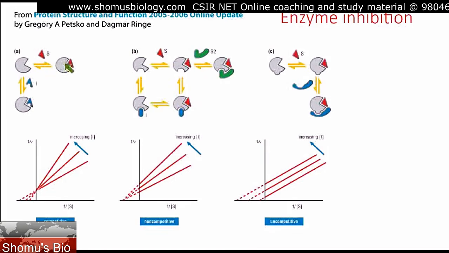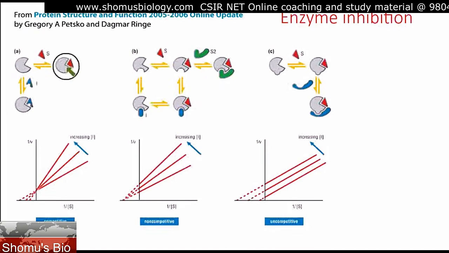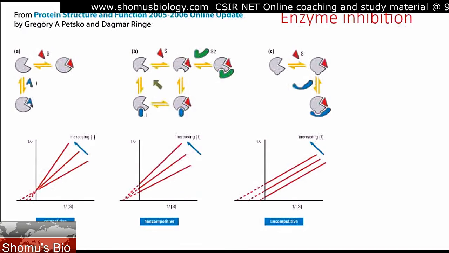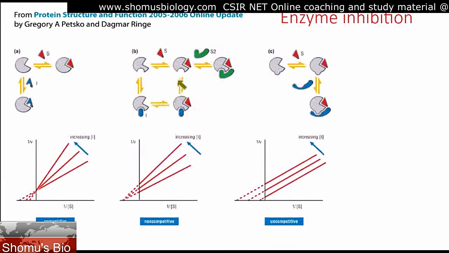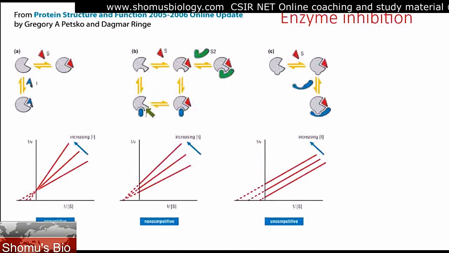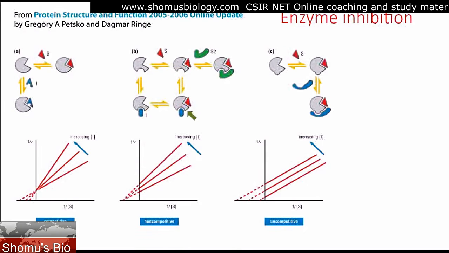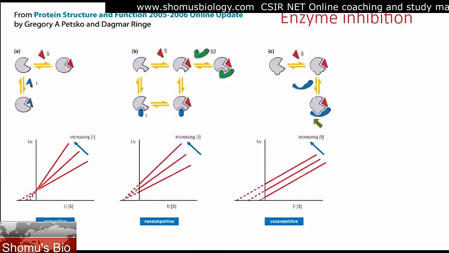Either substrate can bind or inhibitor can bind to the active site. Vmax is the same, Km is increasing. In case of non-competitive inhibition, the inhibitor can bind with the enzyme, or with the enzyme substrate complex. In uncompetitive inhibition, the inhibitor binds with the enzyme substrate complex.